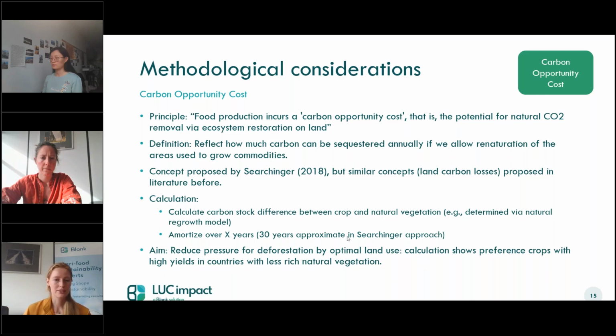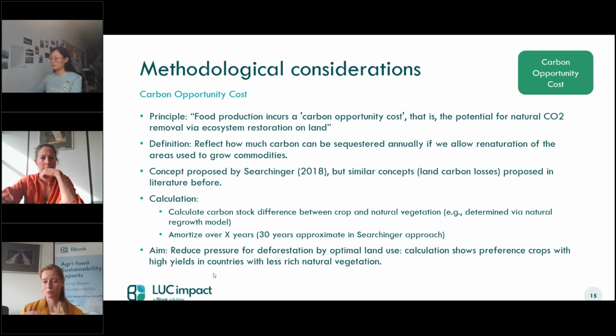The aim of using this type of metric is to reduce the pressure on deforestation or any other land conversions by optimal land use. So in the end, by incorporating this kind of metric in your life cycle assessment, you would see a trade-off between the natural amount of carbon that you're missing, that is not sequestered because you're occupying the land, and the land management emissions that you're inducing compared to the yield that you get from the land.